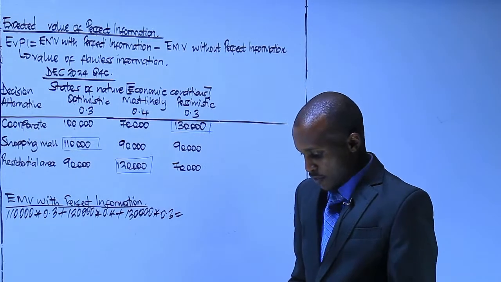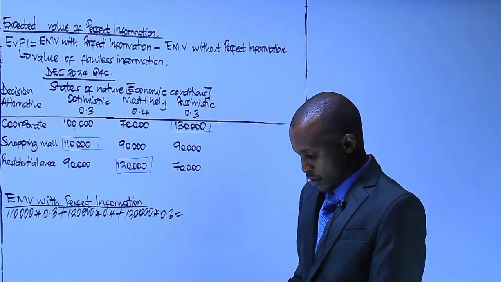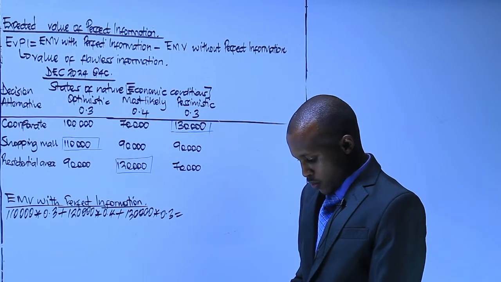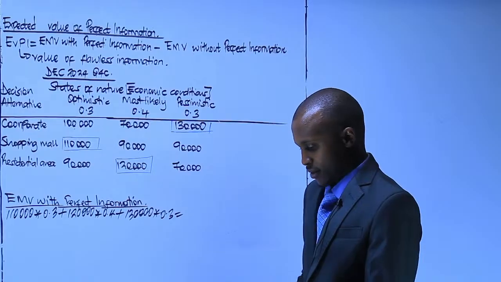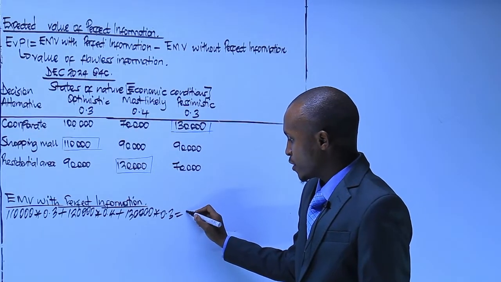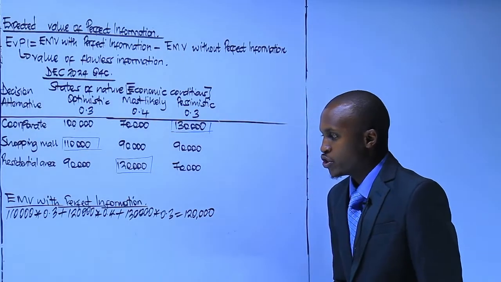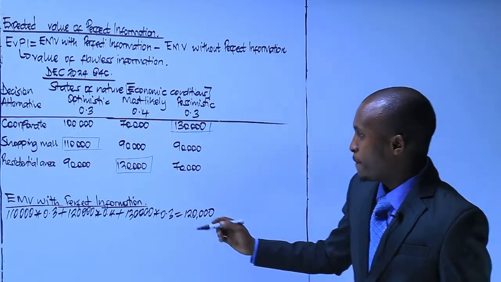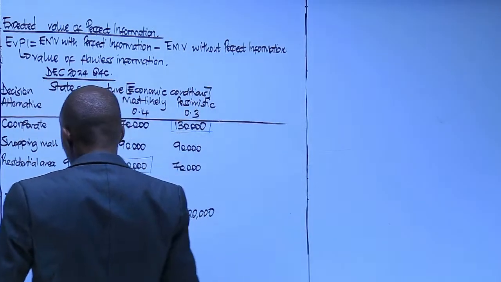That is 110 by 0.3 plus 120 by 0.4 plus 130 by 0.3. So your expected monetary value with perfect information will be 120,000. The next thing I want us to do is to determine your expected monetary value without perfect information.